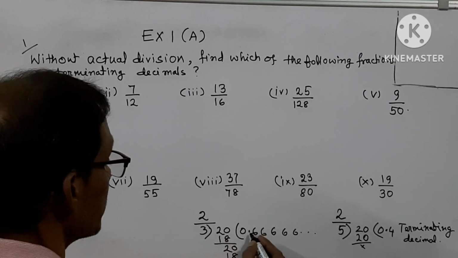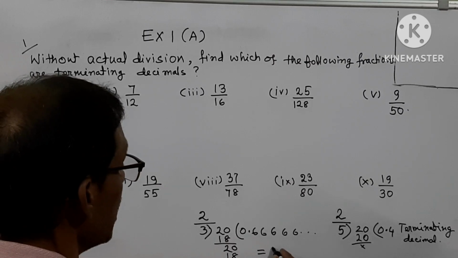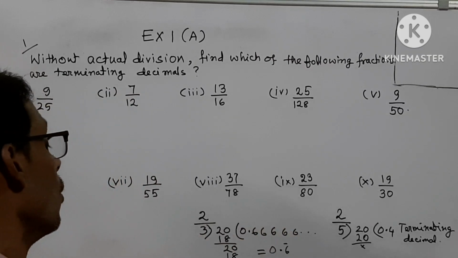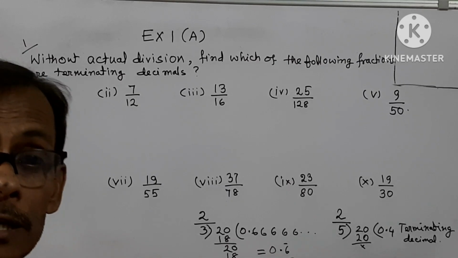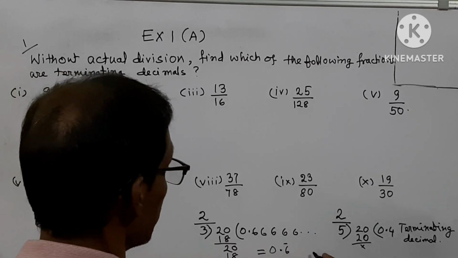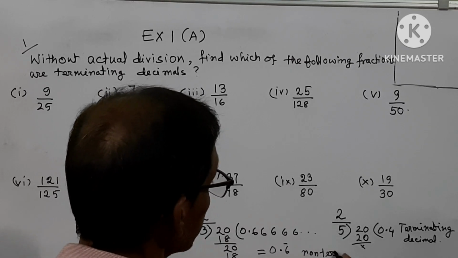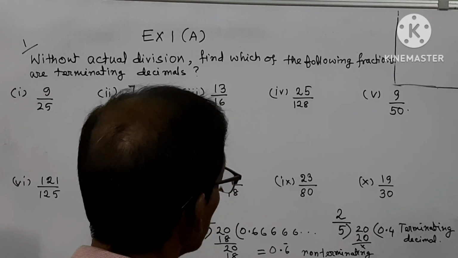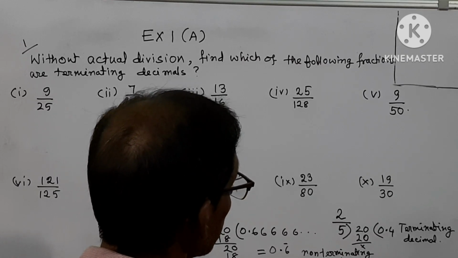Since after the point 6 is getting repeated, you can say 0.6 and over the 6 you can put a bar. That means 0.6 bar is a non-terminating repeated decimal. This is called a non-terminating repeated decimal number.